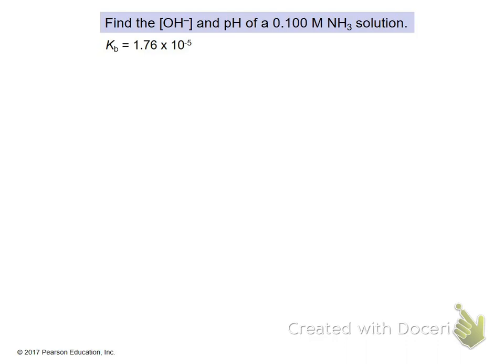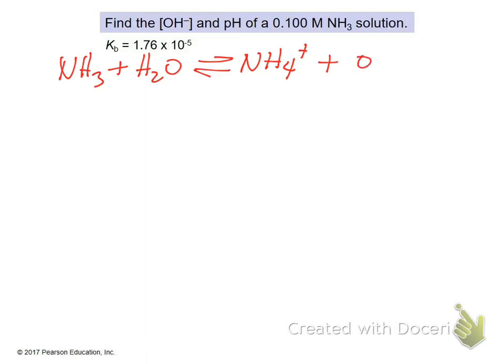So for NH3, a weak base, you dissolve this in water, and we get NH4 plus and OH minus. Okay, so this is how we can determine the concentration of the hydroxide ion. So you prep your ICE table. So we have NH3, NH4 plus, and OH minus. So the initial concentration of the ammonia is 0.100, and initially for the products it's 0.